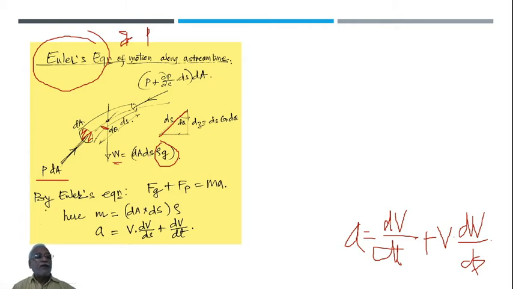Now by Euler's equation, Fg plus Fp is equal to m into a. Here m is given by dA ds into rho, mass being volume multiplied by density. Acceleration is given by, as we have already seen, v dv/ds plus dv/dt. That is the acceleration.